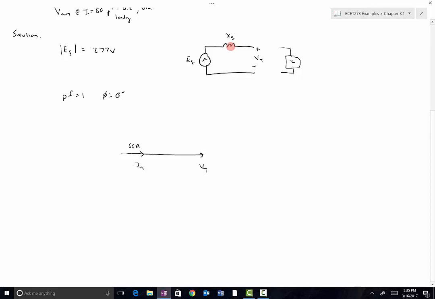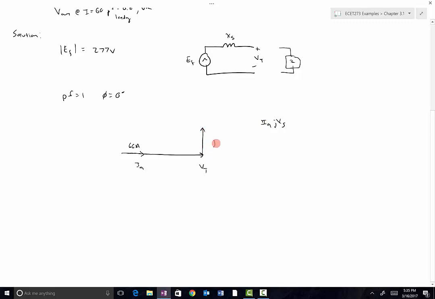The voltage drop across the reactance is going to be equal to IA times JXS, and so that means that this voltage here is going to be 90 degrees out of phase with the current, so it's pointing straight up.